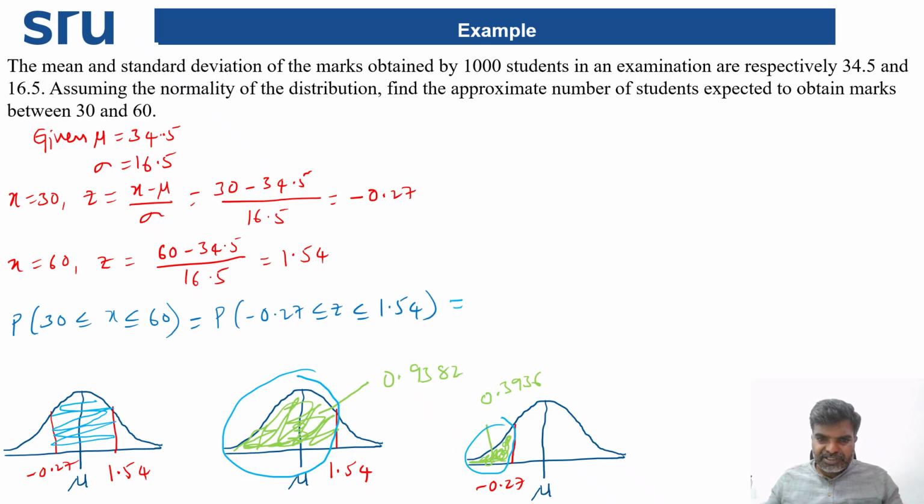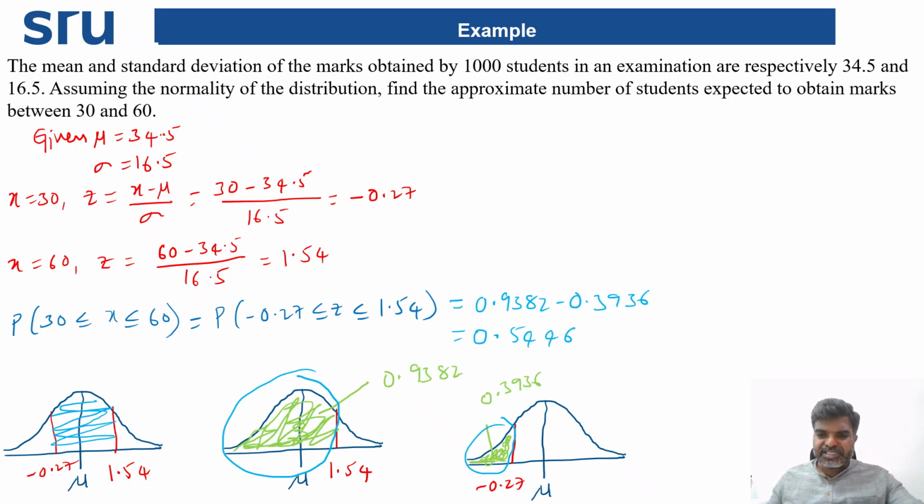The total area is 0.9382 minus 0.3936. What is the difference? 0.5446. This is the required probability.